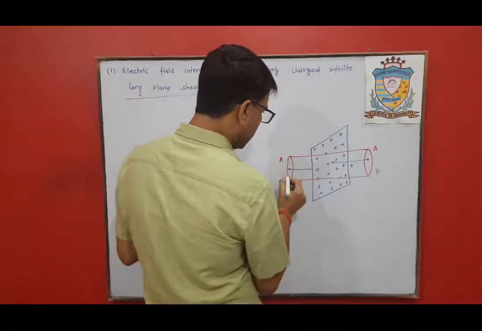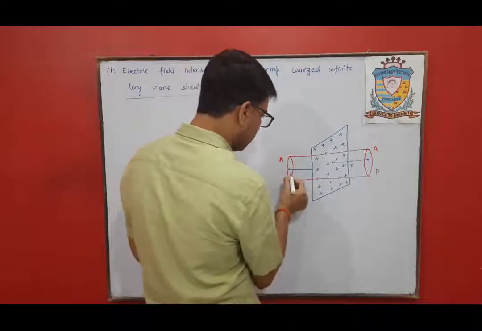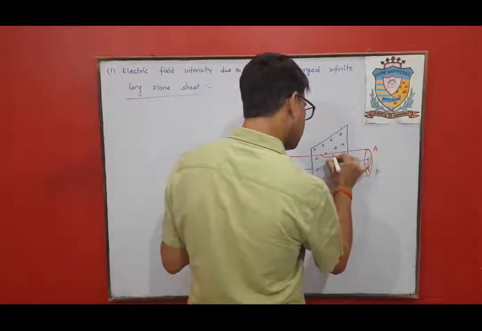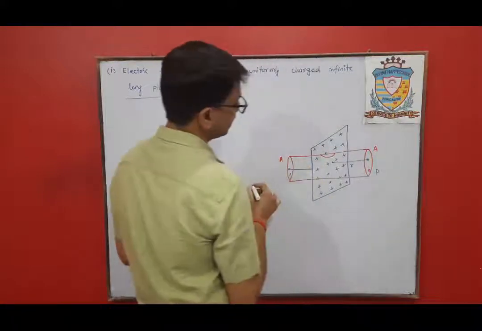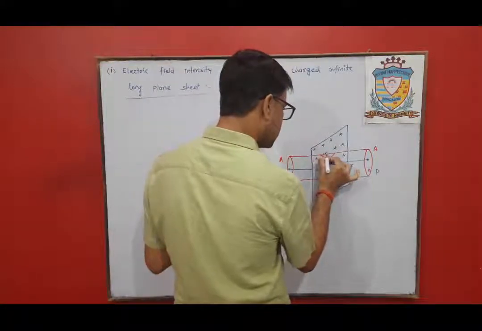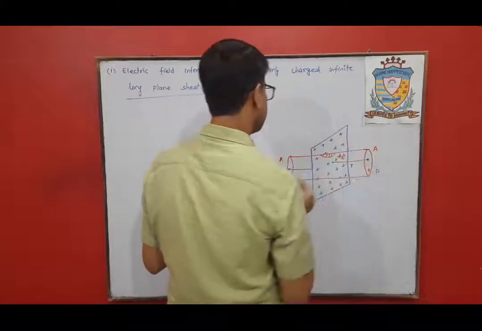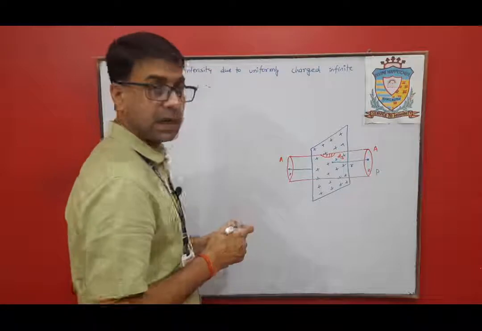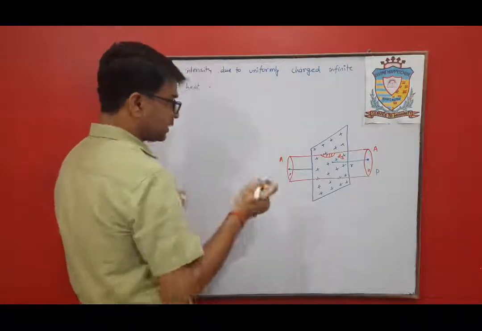So two surfaces that we have, 1 and 2. We will take one more surface over here, having area ds. Now we will find the angle between the area vector and the electric field intensity vector.